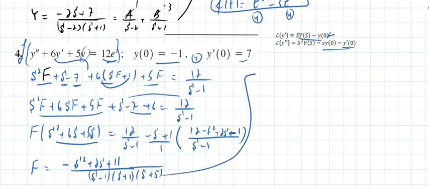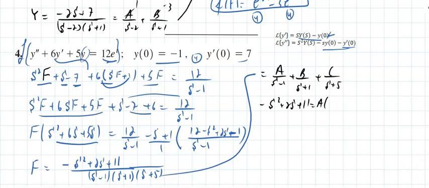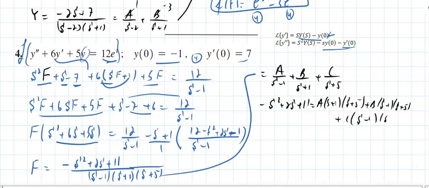And now, if I say f is a over s minus 1 plus b over s plus 1 plus c over s plus 5. So we're saying negative s squared plus 2s plus 11 equals a times s plus 1, s plus 5, plus b times s minus 1, s plus 5, plus c times s minus 1 and s plus 1.